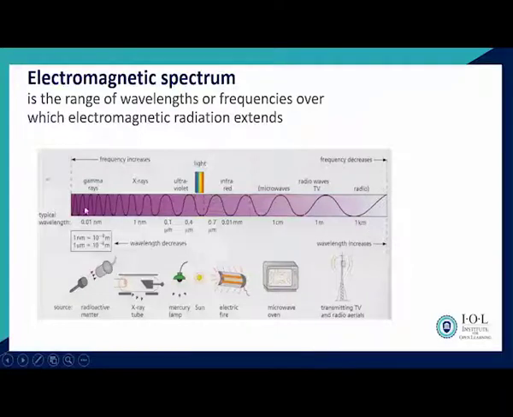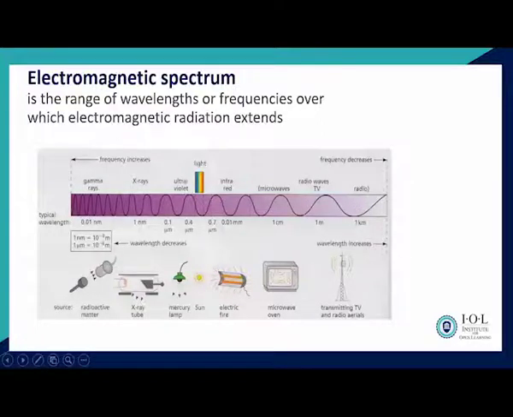Again, here from the left, the frequency. Gamma rays have got the highest frequency because they have a greater amplitude. Frequency is associated with the amplitude. The greater the amplitude, the higher the frequency. So gamma ray has the highest frequency, and it decreases from left to right. Radio wave has the lowest frequency because it has a smaller amplitude.